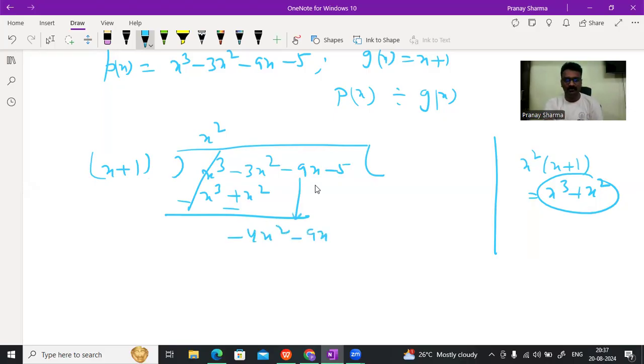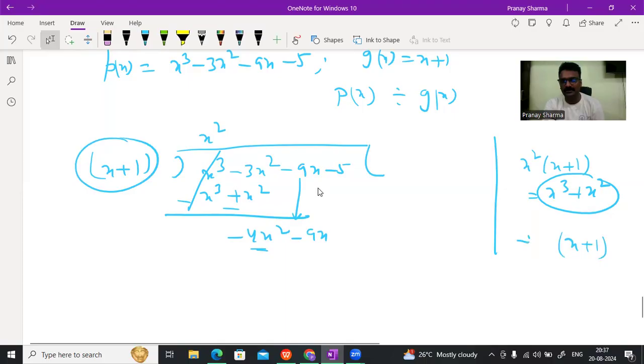Right. Now focus on the first term, which is minus 4x square. How do you get minus 4x square? Using x plus 1. When you multiply this with minus 4x, you will get minus 4x square and minus 4x. Fine. Sorry, minus 4x, not 4x square.